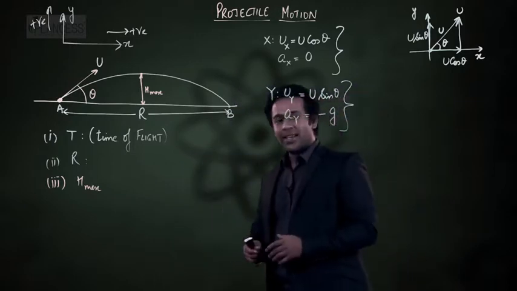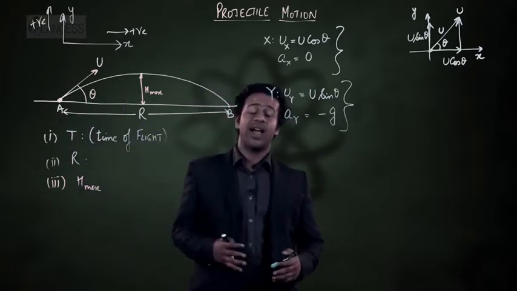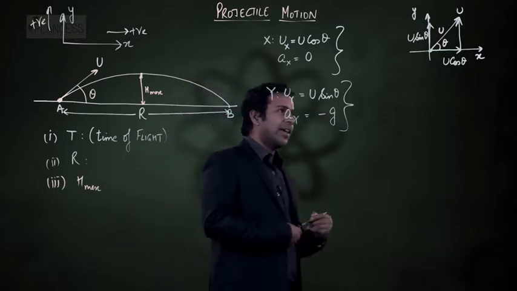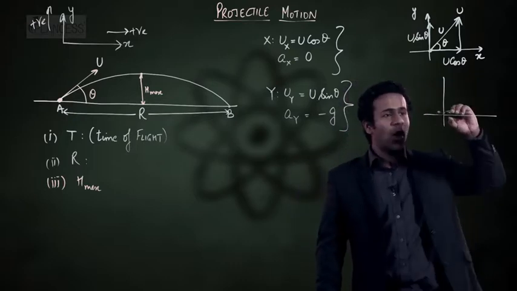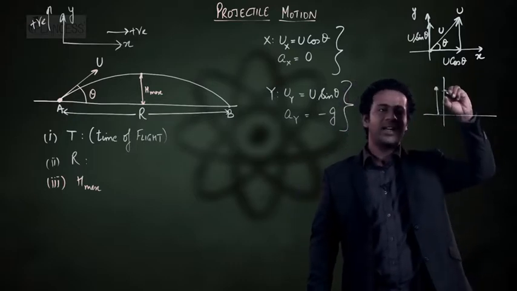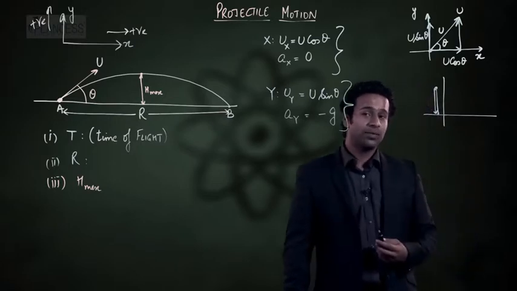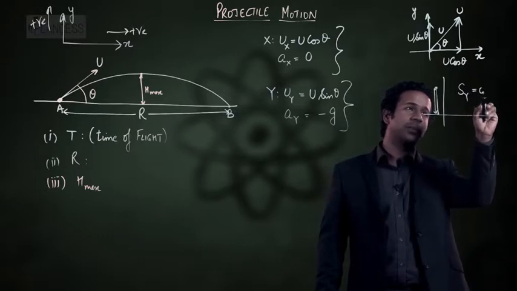This falling back essentially means that it has come back to the same height as it was before. So if we strictly watch the motion along y, we could say that along y it went to a certain height and then came back. Right? What does this tell you? This tells us that displacement along y is 0.